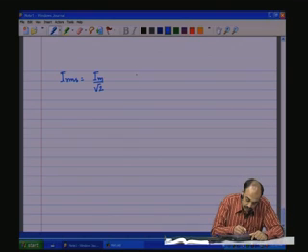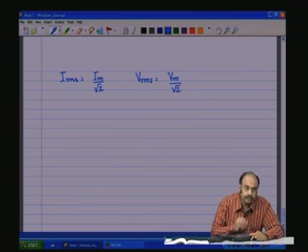Likewise, by the same argument, we have V RMS, which is equal to Vm by root 2.